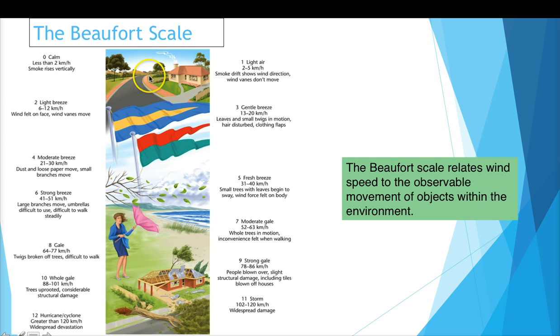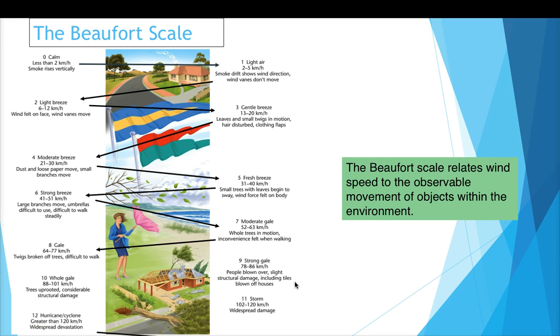Smoke rises vertically if someone has a fire lit in their chimney, and it works its way up 1, 2, 3, 4, 5, 6, 7, 8, 9, 10, 11, 12. So we can see that 12 is a hurricane or a cyclone. The winds are greater than 120 kilometres, widespread devastation. Everything between 0 and 12. There are also some lines to indicate the direction.